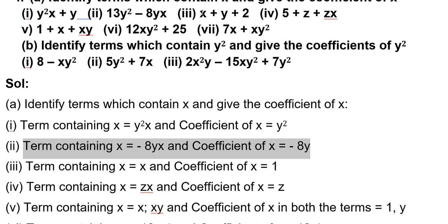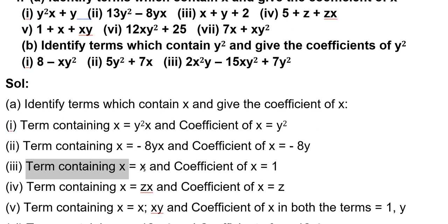Third problem, the term containing x is x and the coefficient of x is 1. There is no number, so 1 is the coefficient. Fourth problem, the term containing x is zx, so the coefficient of x is z.